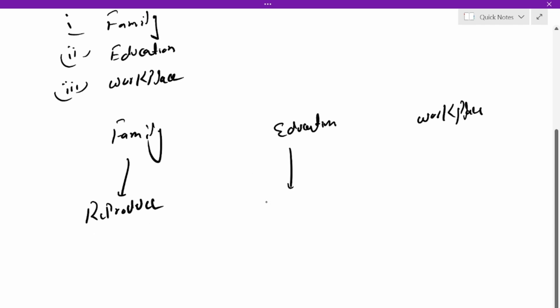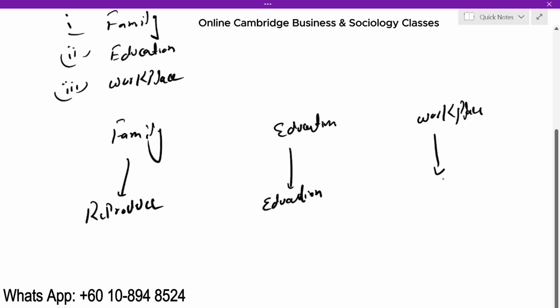Education provides some sort of education, or you might say skills, and the workplace provides financial support, something we can call economic provision.